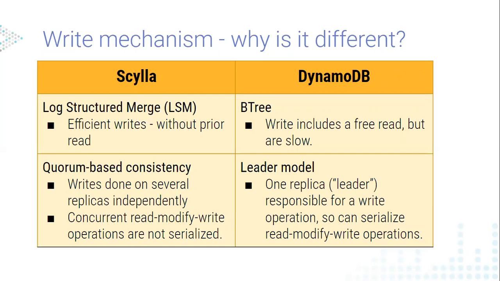And also for the distribution of the data, there is also a difference which is relevant to these read, modify, write operations. So Scylla has consistency based on quorums or other consistency levels, and you basically do the writes independently on different replicas.